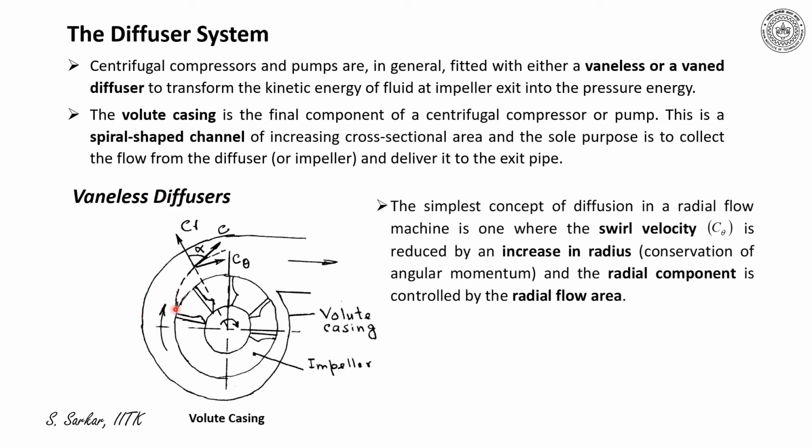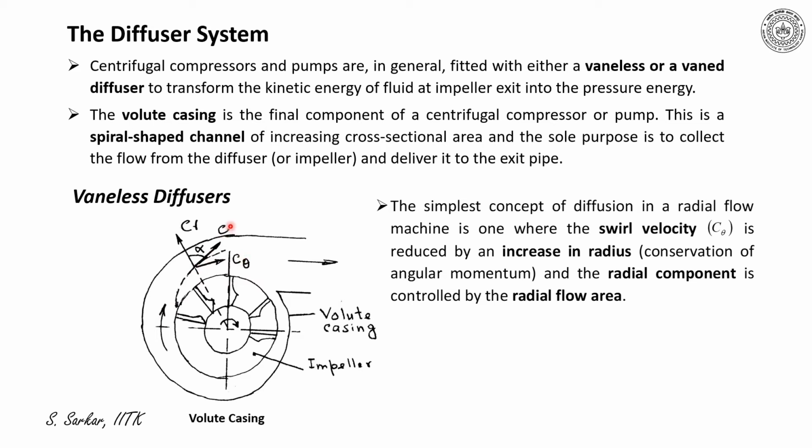So again, let me repeat, the dotted line is the meridional streamline within the volute casing. Let us consider P to be any point on the streamline, and C is the magnitude of velocity that I have obtained by drawing a tangent to the streamline, which has been indicated by the dotted line.